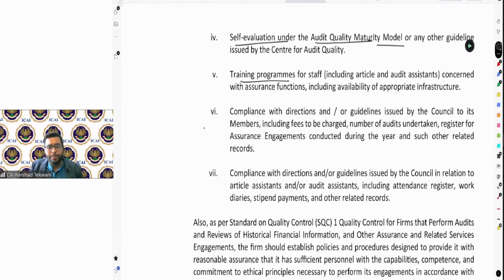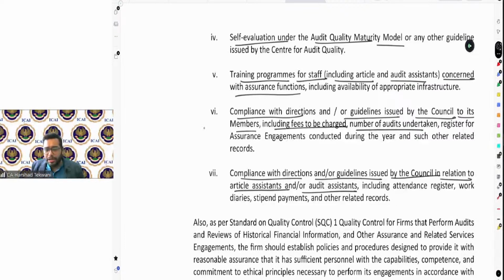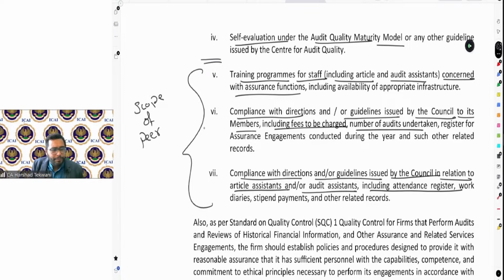It also covers training programs for staff, including articles and audit assistants concerned with the assurance function, and compliance with the directions or guidelines issued by the council to its members, including fees to be charged, number of audits undertaken, and compliance with the directions or guidelines issued by the council in relation to article assistants and audit assistants, including attendance register, work and everything. So it covers a wider area, and these are also part of the scope of peer review.